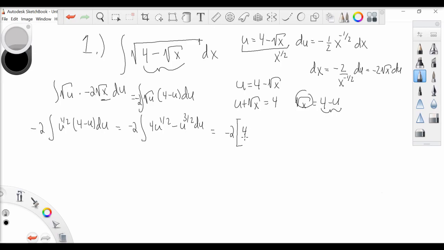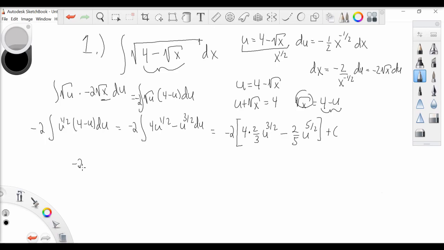So we got 4 times 2/3, which is just 1 over 3/2, u to the 3/2, minus, and we're going to add 1 to 3/2, which is going to give us 5/2, and then 1 divided by 5/2 is 2/5. So we get 2/5 u to the 5/2 plus c.